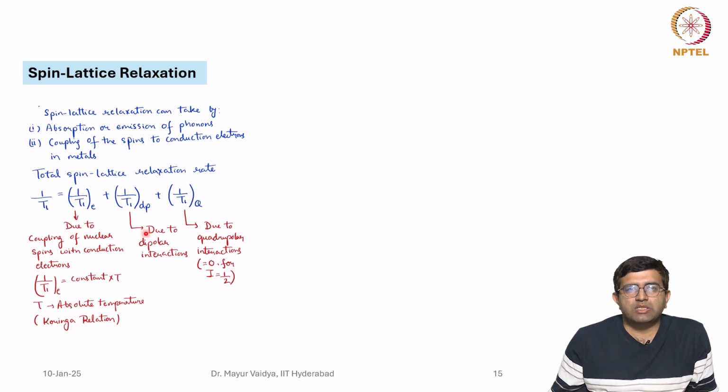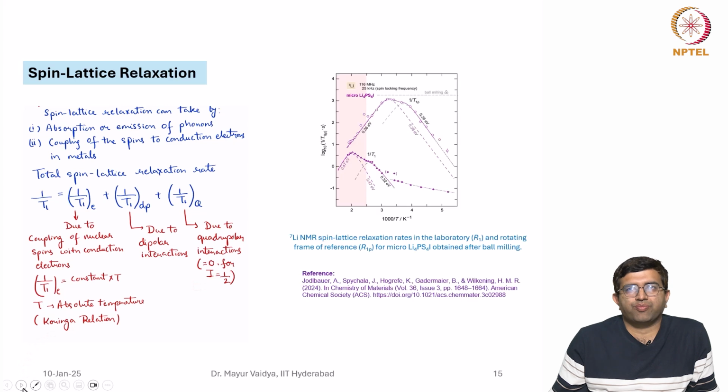This dP represents the dipole interaction, so the spin lattice relaxation due to dipolar interactions, and this Q represents the quadrupolar interactions, which is actually 0 when I is equal to half, but this is the relaxation time that comes due to the quadrupolar interactions.